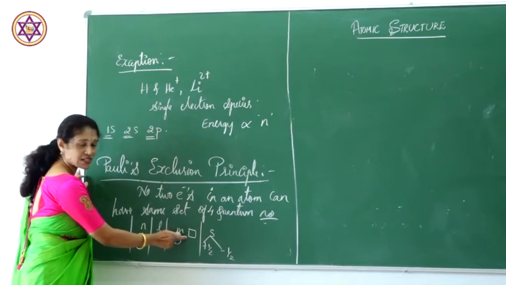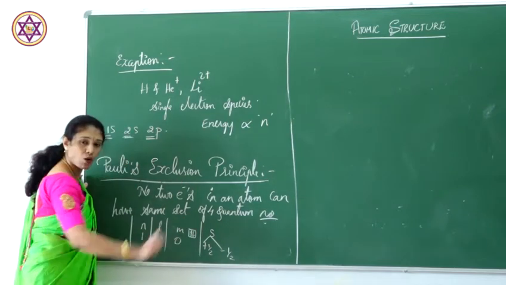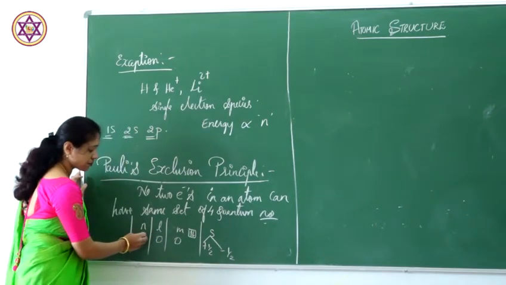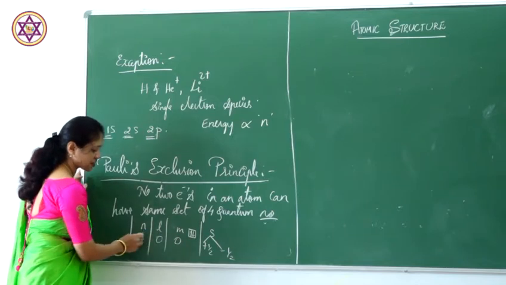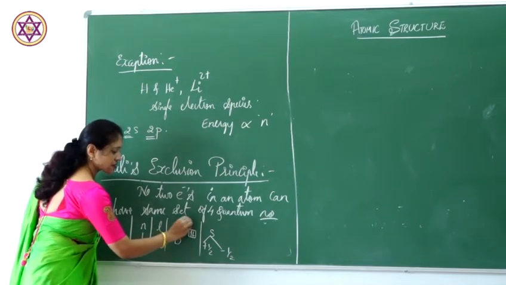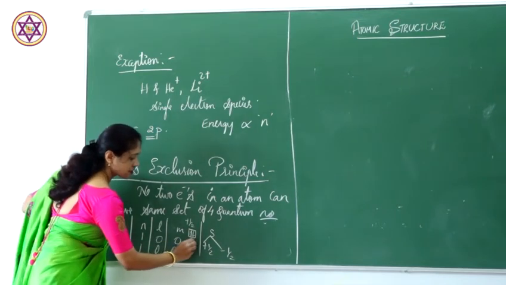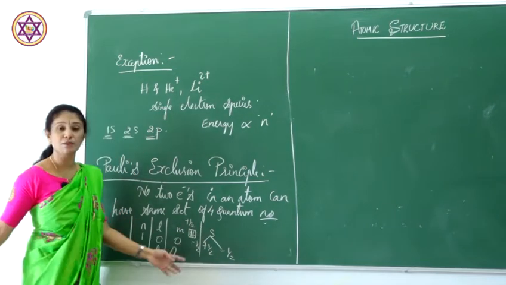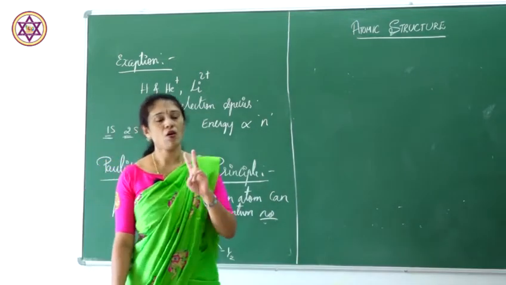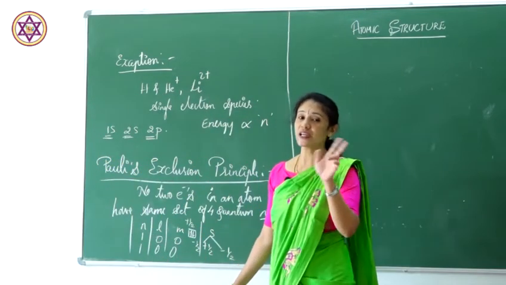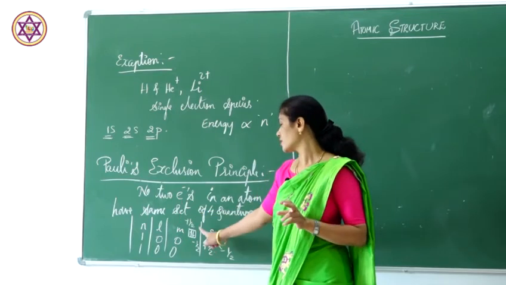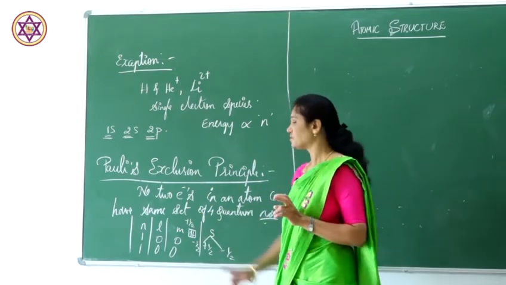Maximum 2 electrons it can occupy, and that too with opposite spin. If it has quantum numbers 1, 0, 0, it is plus half, and if it has 1, 0, 0, it is minus half. Maximum 2 electrons can be occupied in this orbital, not 3 electrons.